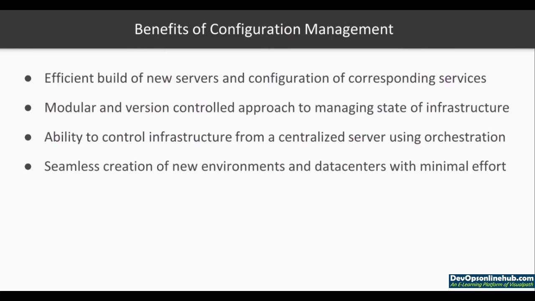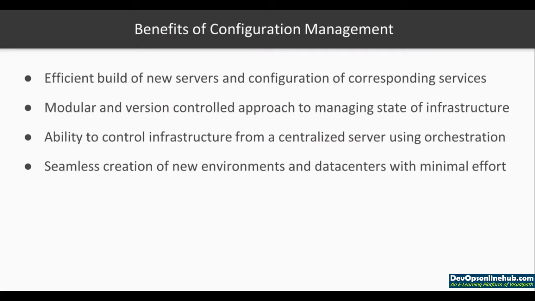With config management, the state of the infrastructure can be efficiently maintained in a version-controlled manner. A modular approach to manage services integrated with version control systems like Git provides a strong control on the infrastructure.